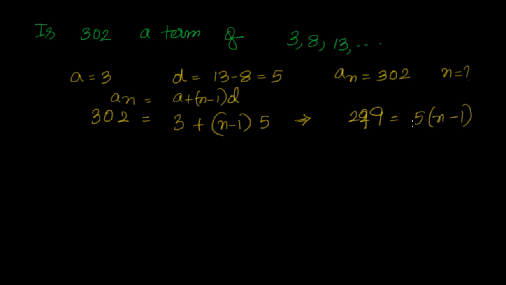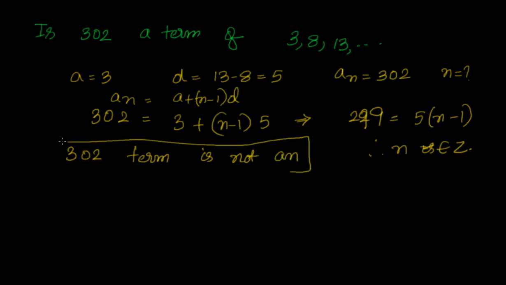You know that 299 is not divisible by 5, so n is not an integer. n does not belong to Z. So you can straightforwardly say that 302 is not a term of this particular sequence 3, 8, 13.